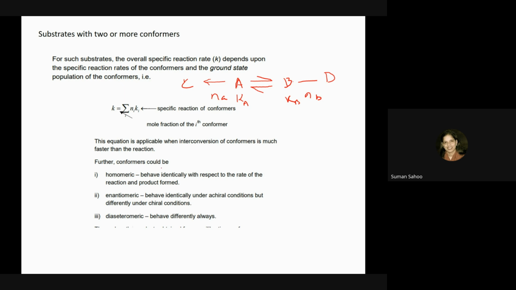In that case, the conformers could be homomeric, that means they behave identically with respect to the rate of reaction and the product formed, giving the same product. Enantiomeric conformers behave identically under achiral conditions, meaning whenever you are not giving any chiral condition, they behave the same, but differently under chiral conditions. And diastereomeric conformers behave in different ways.